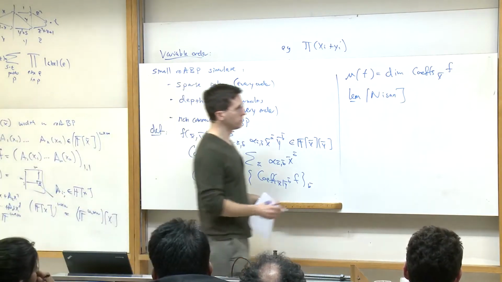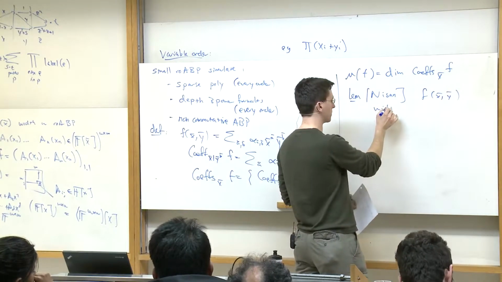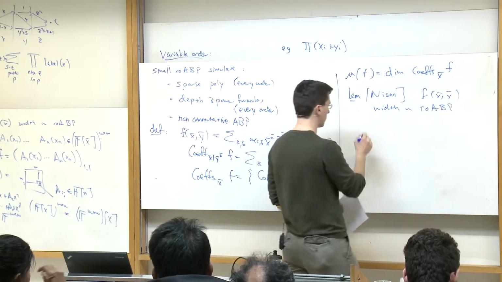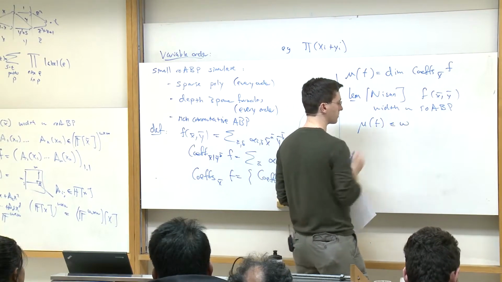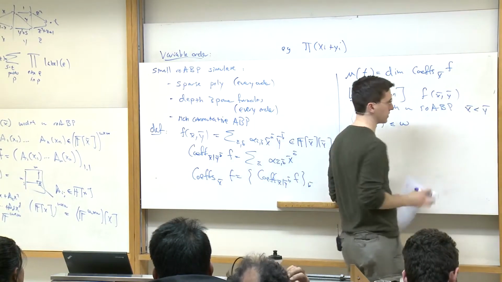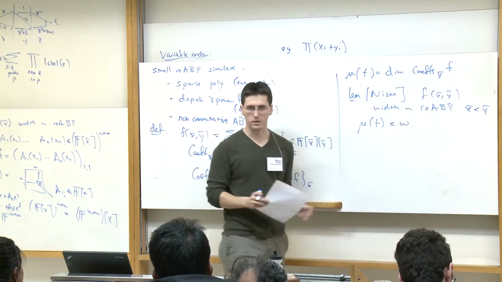Say f of x, y is a width w read-once ABP. Then the measure of f is at most w, if x comes before y. There's some variable order, and I'm assuming that x comes before y.